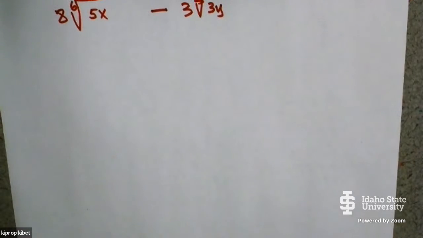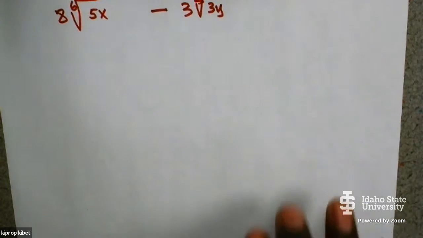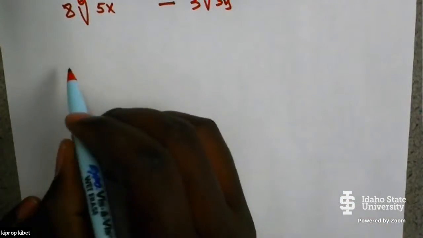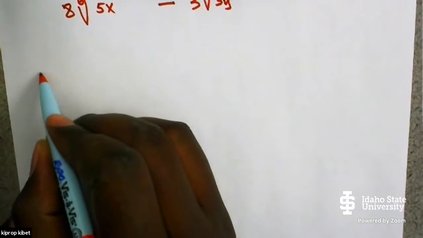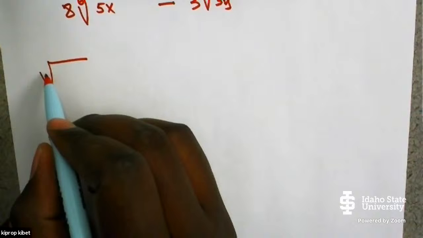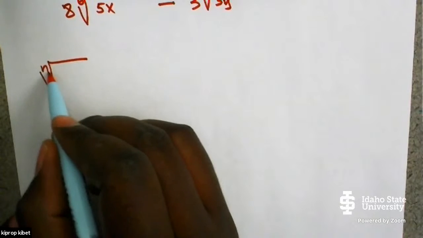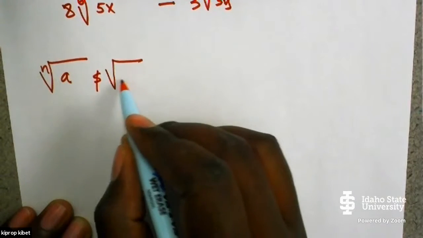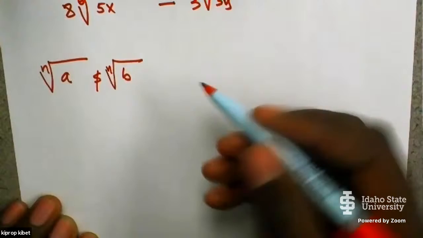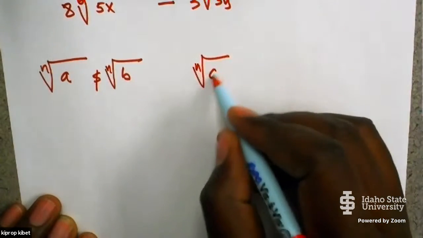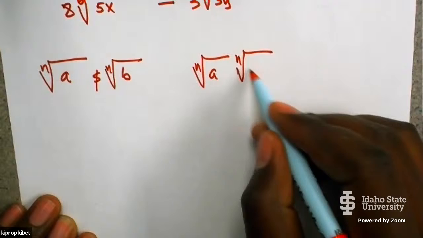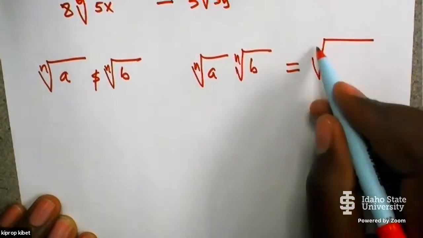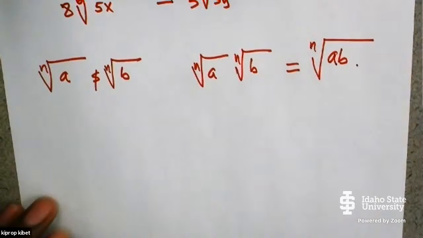Now when we come to multiplication of roots in radicals, if you remember, if we have the nth root of A and the nth root of B, then the nth root of A multiplied by the nth root of B is similar to the nth root of AB.